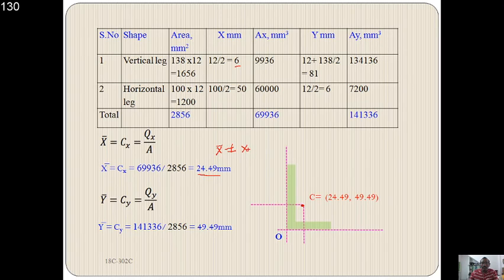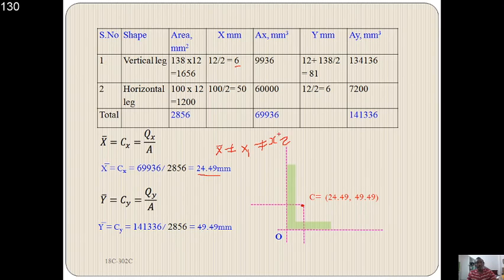Similarly, x2 is 50, so it is also not equal to x2, and so it is required to find the parallel axis distances. Therefore, we definitely find d1 and d2. Only two parts are there, hence d1 and d2.